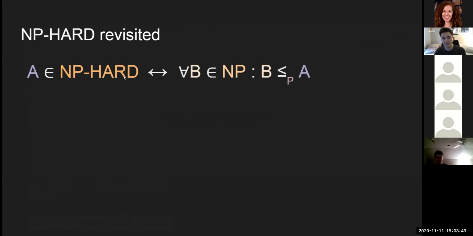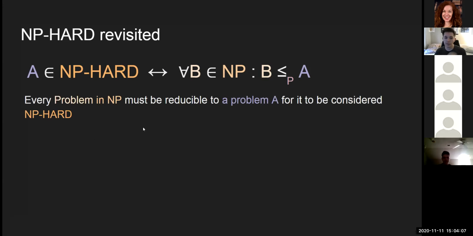So we say that A is NP-hard is exactly the same as saying for all problems in NP, which we label as B, B can be reduced to A. So that is the more formal definition. It's exactly the same thing as what we were talking about before, but written out a little bit more explicitly now. So every problem in NP has to be reducible to A for A to be NP-hard. That is what NP-hard is defined as.